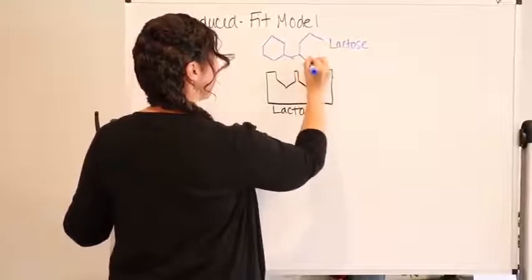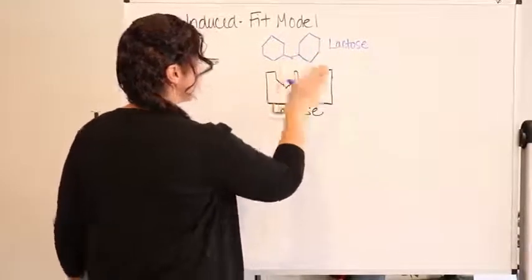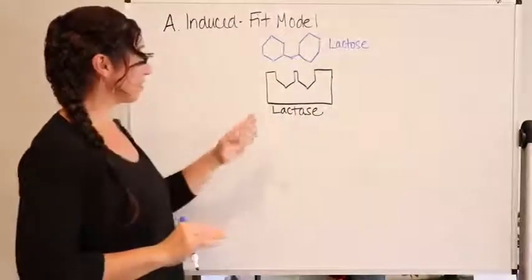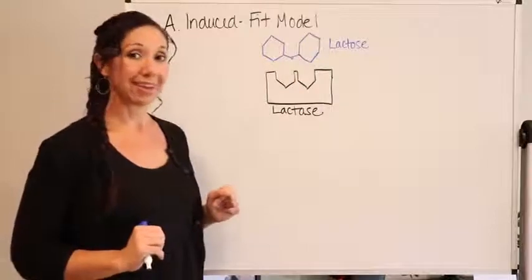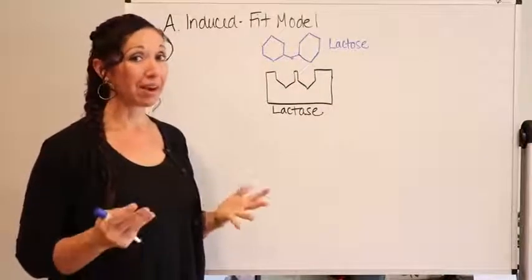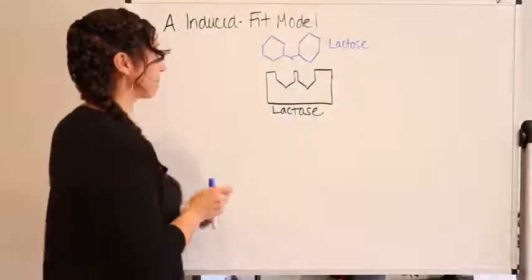All right, so you can see, the way I'm trying to draw this is so you can see how this structure can easily fit into that pocket in the enzyme. And that pocket actually has a legitimate name. It's called the active site.